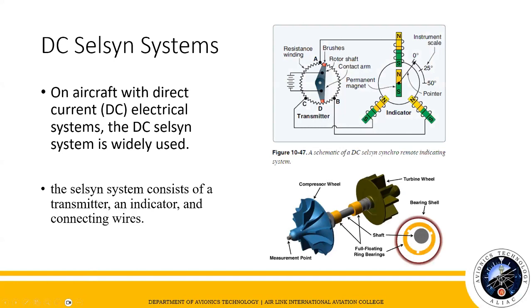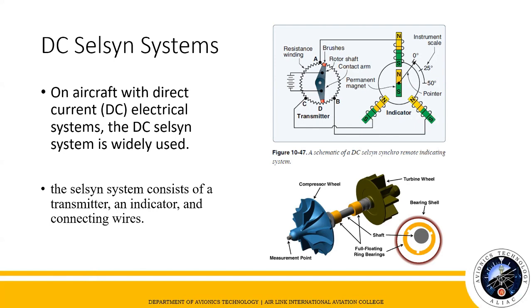So kung makikita nyo dito sa may DC selsyn system, ayan, kung magbe-base kayo sa image, sa aircraft with direct current electrical system, kaya nga siya tinawag na DC, yung DC selsyn system is widely used.